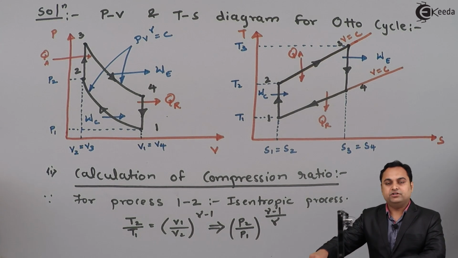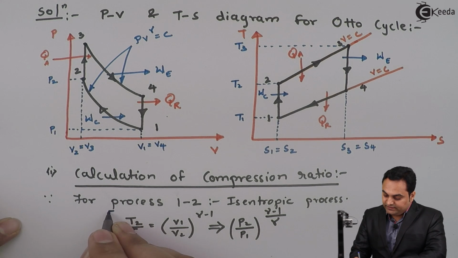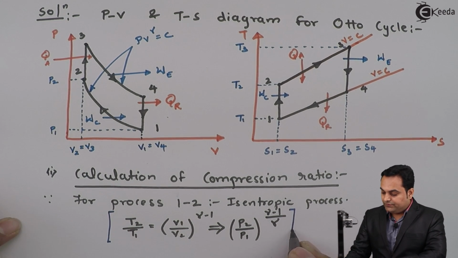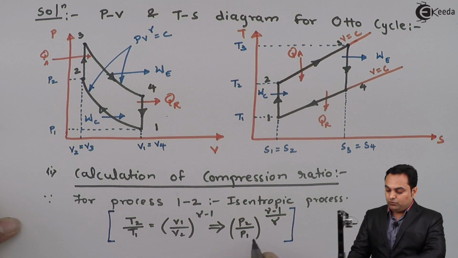This is the relation of the isentropic process, and this was the relation between temperature, volume and pressure.